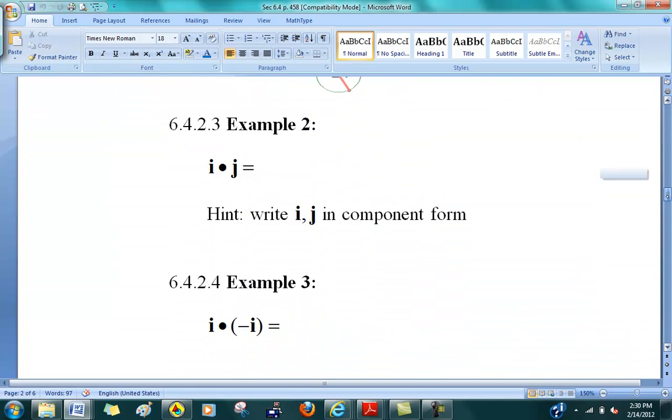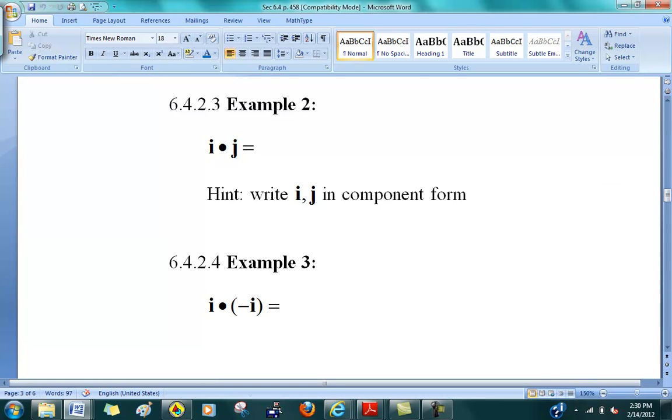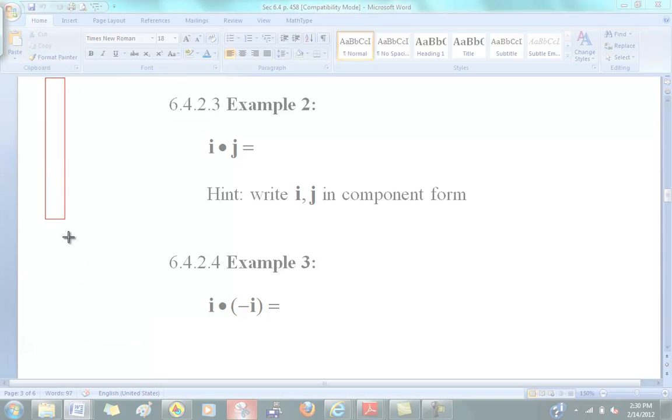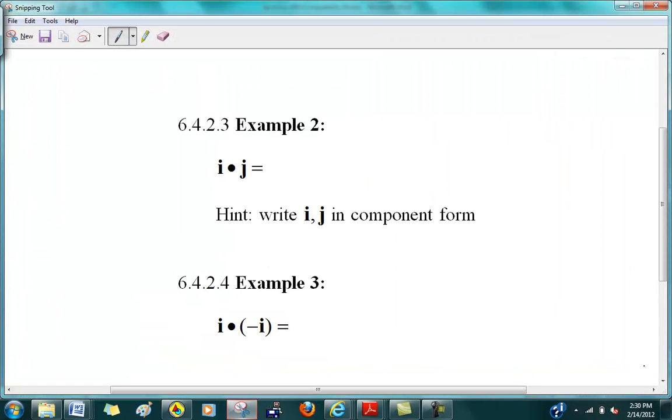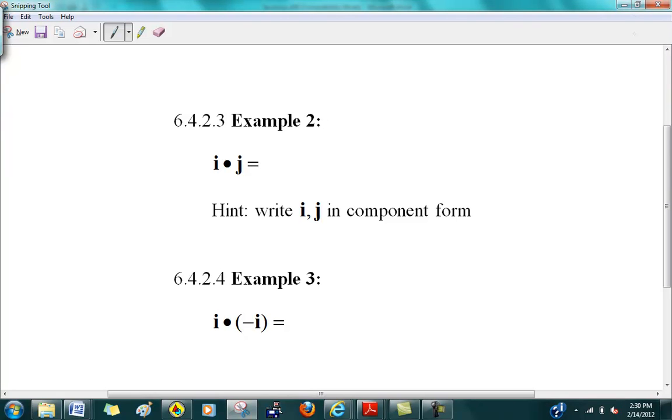All right, some more examples coming up. How do you find the dot product of i and j, or i dot j? Notice that I'm giving you a hint there: write i and j in component form. So you know that i is equal to 1 comma 0, and you can make this a vector, and you know that j is equal to 0 comma 1.